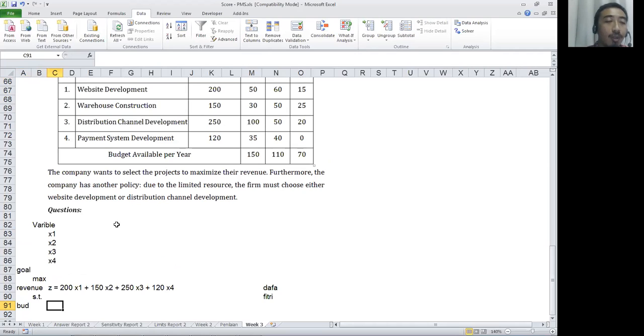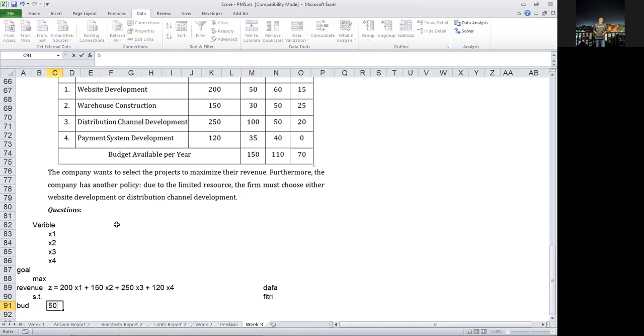How many constraints are related to the budget? Budget first. Related to budget. Who wants to try the formula? Dava, okay, please.